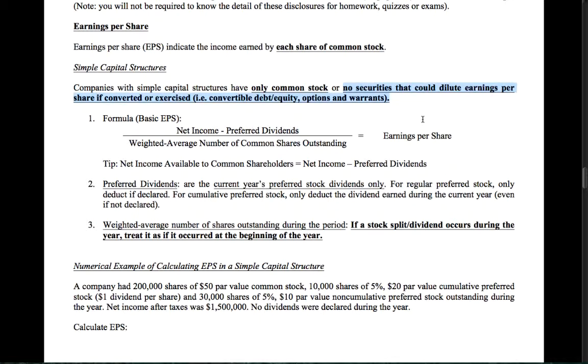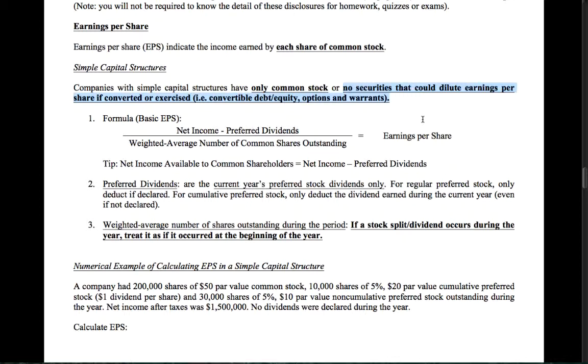So earlier in this chapter, when we discussed convertible debt, equity, options, and stock warrants, those were examples of dilutive securities. Therefore, in a simple capital structure, the company will not have any securities that could dilute earnings per share.